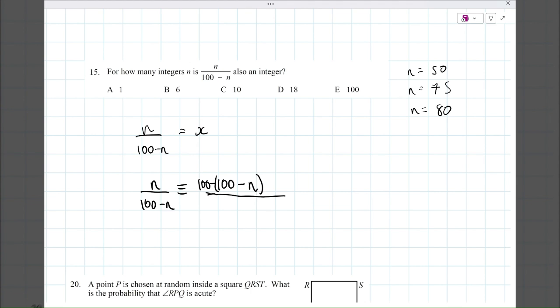You might consider this a little unusual, but it's a bit like partial fractions. We're writing it as 100 over 100 minus n, minus 1. And that's easier because if that's contained within the integers, then 100 over 100 minus n is also contained within the integers. This time, because the numerator is a constant, it's easier to deal with. But just remember that you can have negative integers as well.